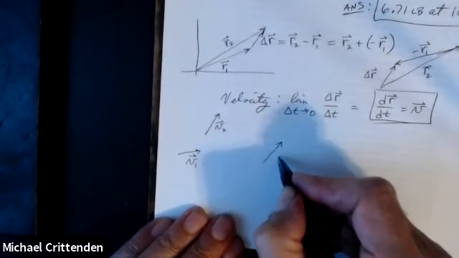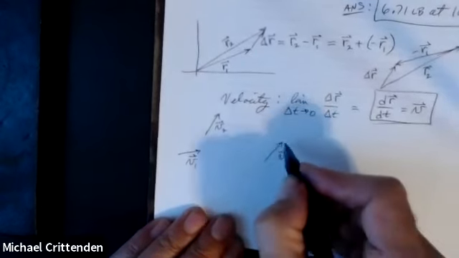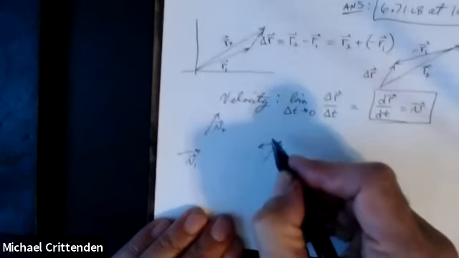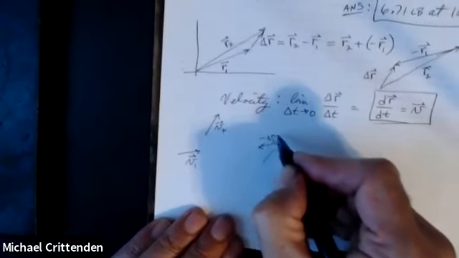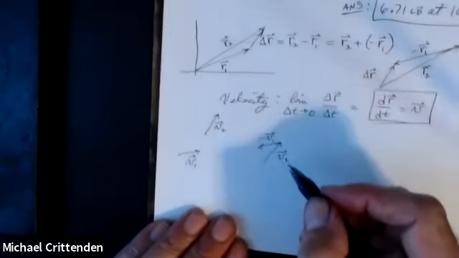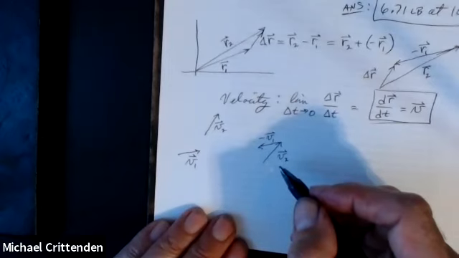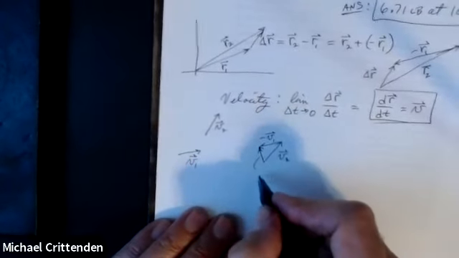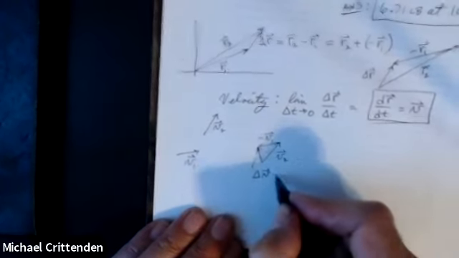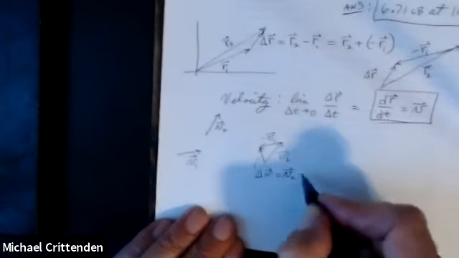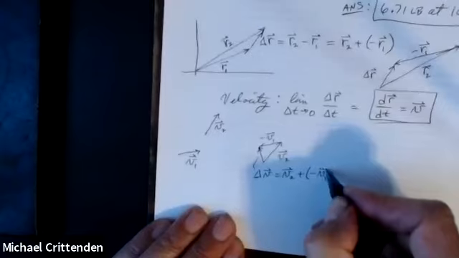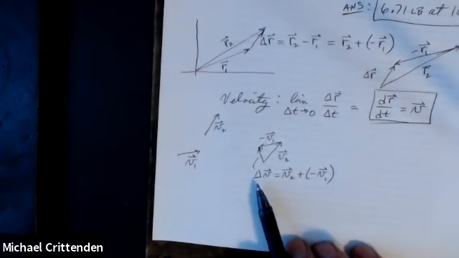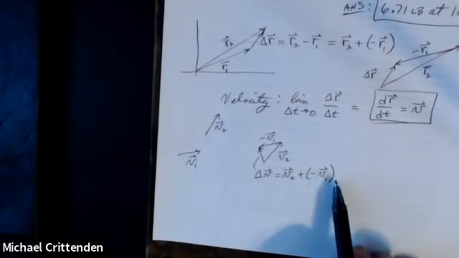That's probably passable. Negative V1, and so delta once again means final minus initial.